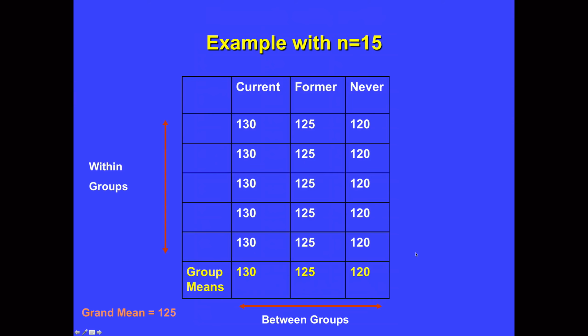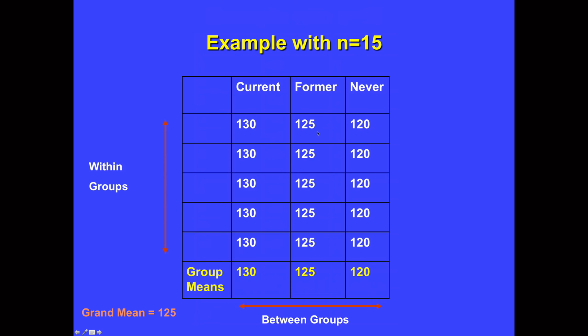So if we change the data structure a little bit to look at this in a slightly different tabular format, you can see more intuitively how group means vary and how individual values vary within group. If you consider current smokers in this extreme teaching example, everybody has exactly the same systolic blood pressure, so there's no variability within group.